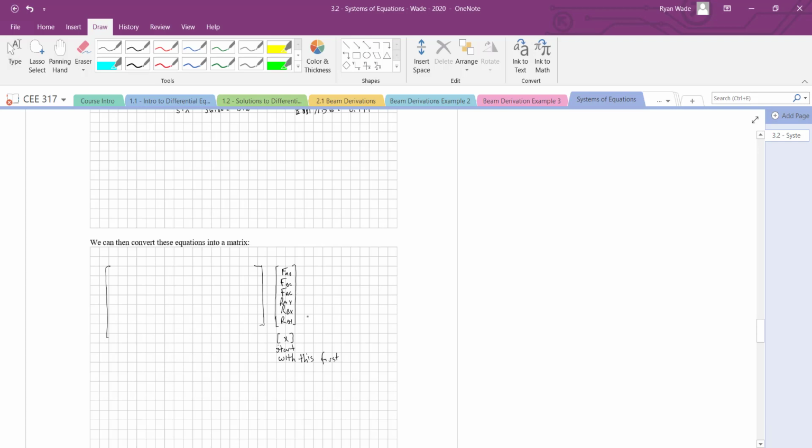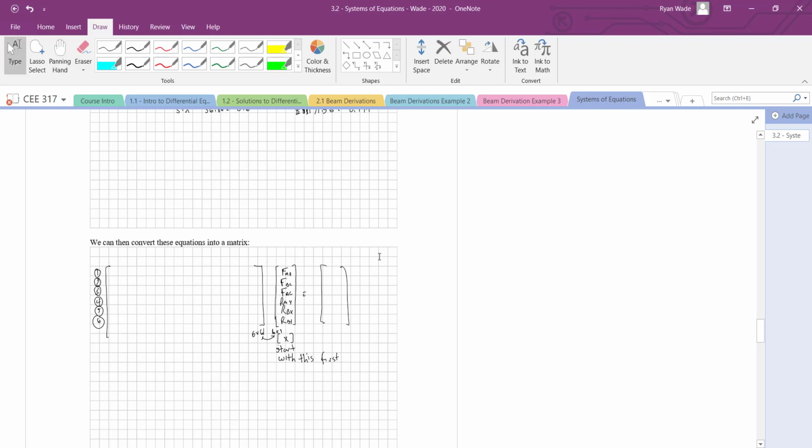We've got to build the other matrix that we're going to multiply it by and then equate it to yet another matrix. We know this is a 6 by 1, and these two numbers have to be the same, so it's got to be something by 6. So 6 columns, right? And we've got 6 equations, 1, 2, 3, 4, 5, 6. So it's going to be a 6 by 6 matrix.